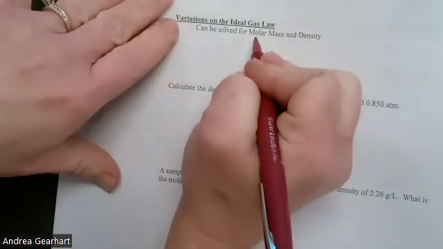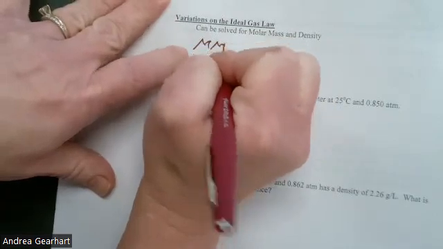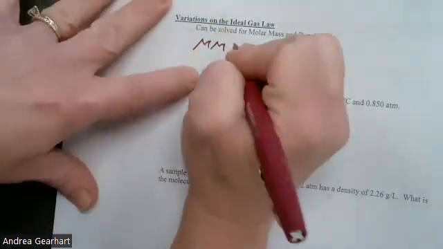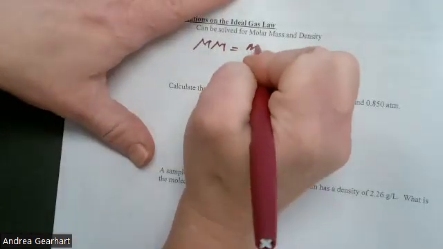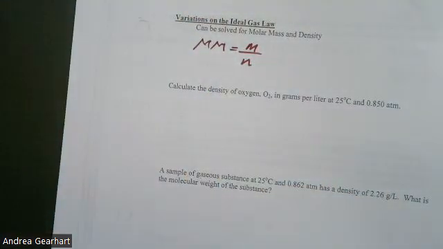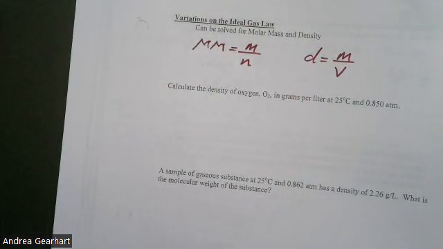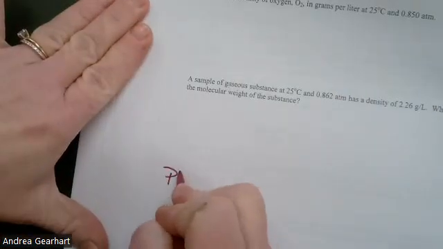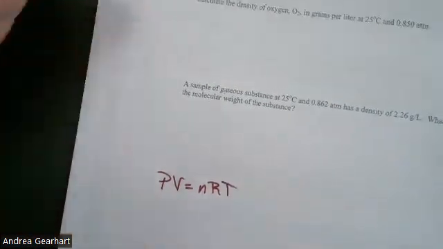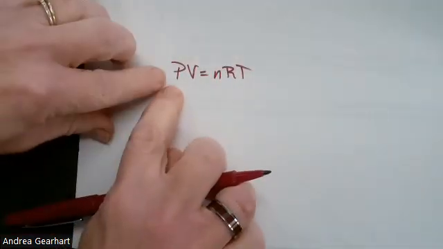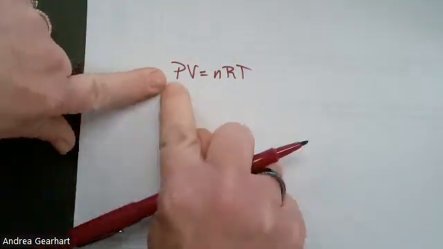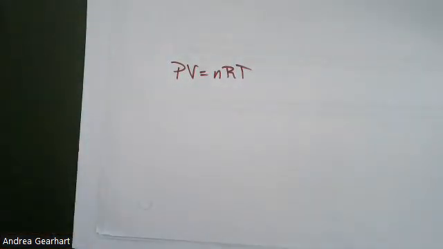All right. So we reminded ourselves that molar mass is gram per mole, so we could actually have an equation for it. And of course, density is mass per unit volume. The ideal gas law is the gift that keeps on giving. On the surface, it seems that all this will reveal for us is the pressure if we know all the other variables, or the temperature if we know all the other variables.